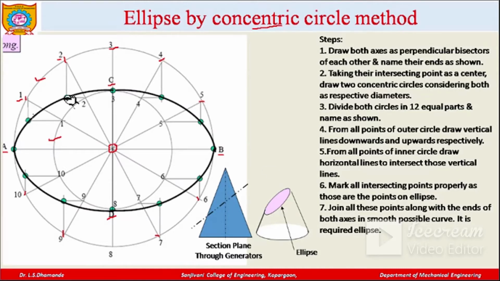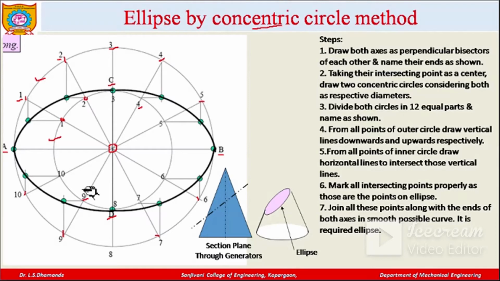Now you simply join 1 and 6, and automatically you will get a corresponding intersecting point on the smaller circle too. Similarly when you join 2 and 7, and then 3 and 8, you get those points on the smaller circle also. When you draw 4 and 9, you get 4 over here on the smaller circle and 9 over here. Like this you will get all these different points on the smaller circle as well.